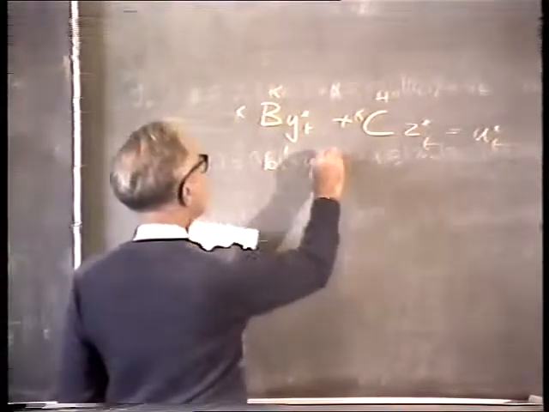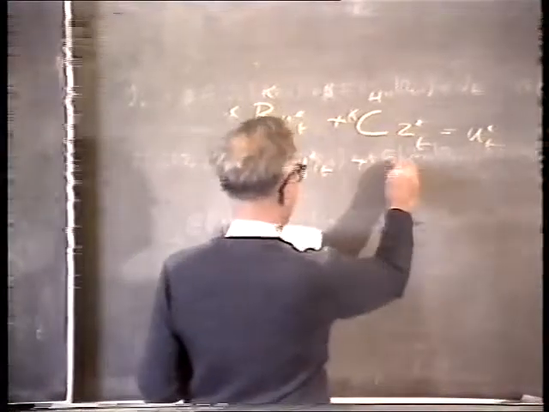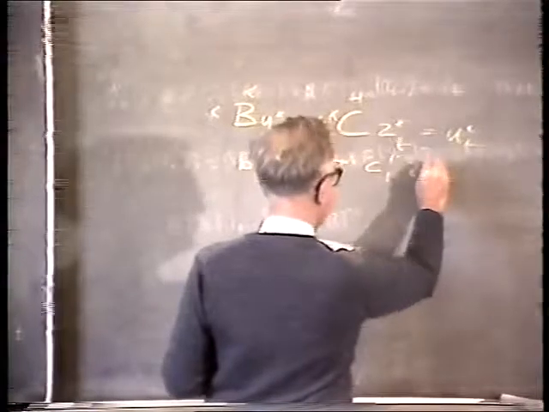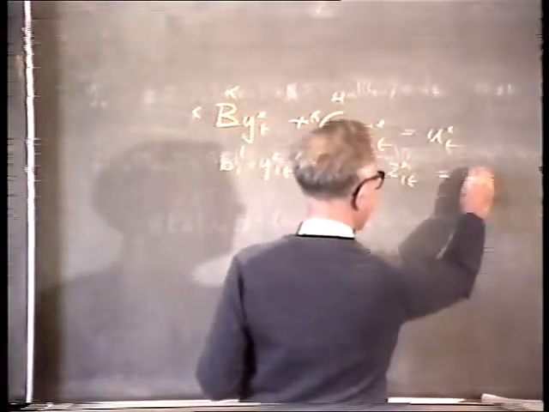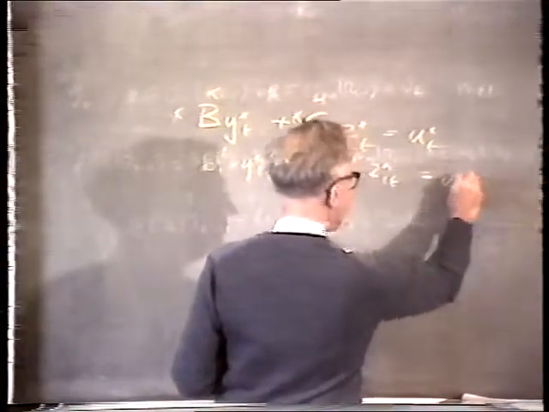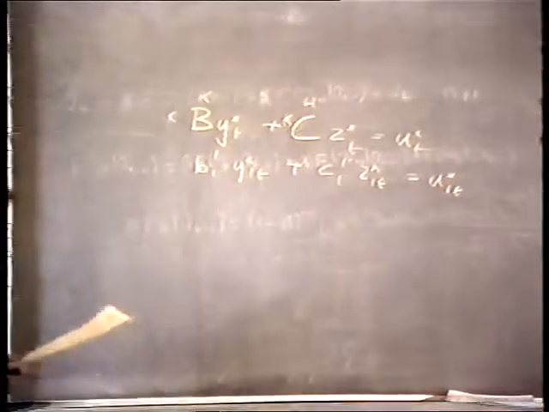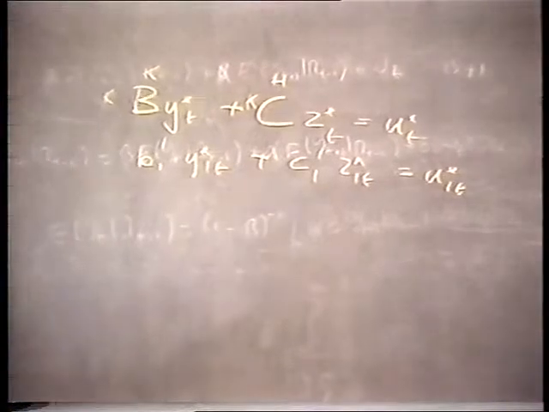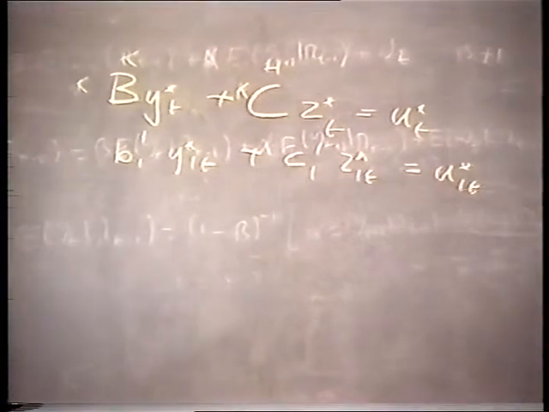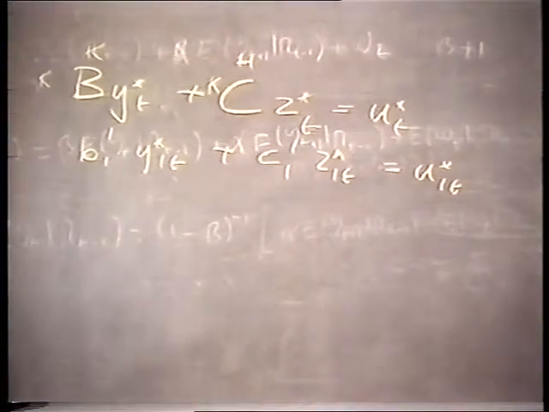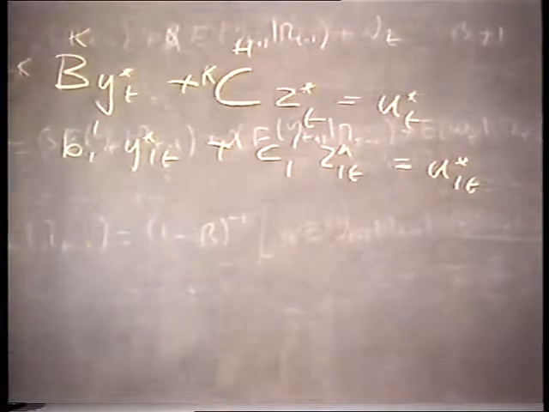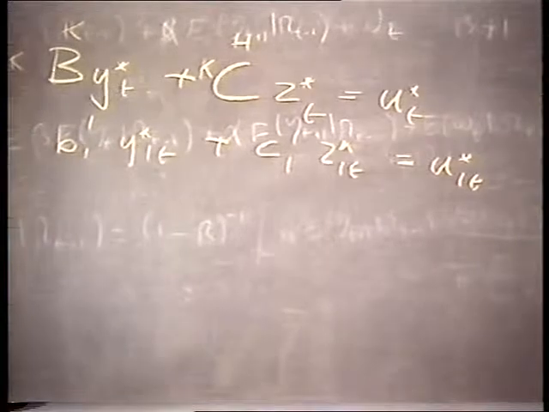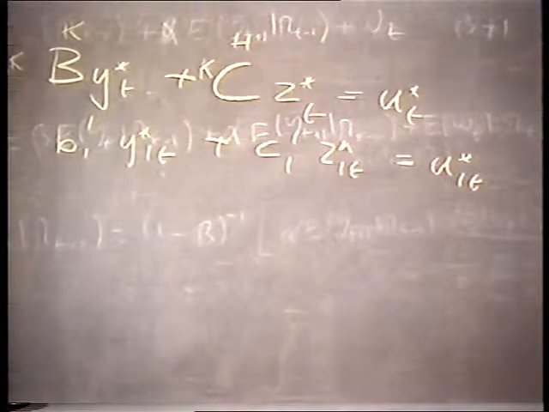I'll write it in the form... at this stage. The extra suffix 1 means that we're taking the variables in the model which occur in the first equation with non-zero coefficients, or with coefficients not constrained to be 0.